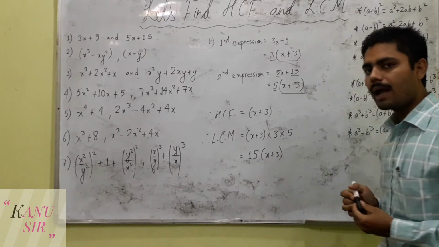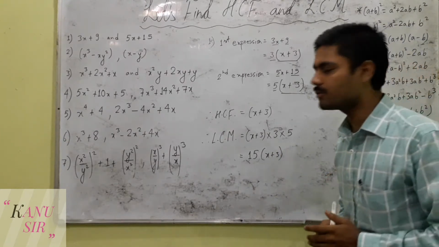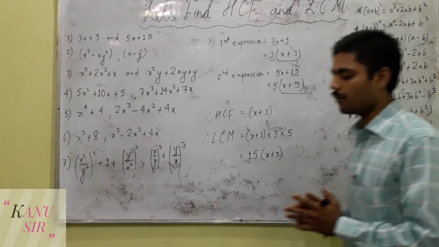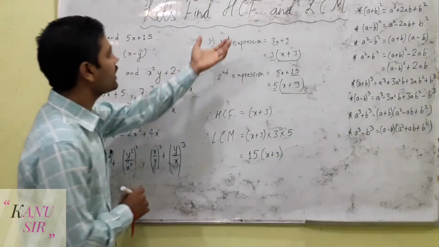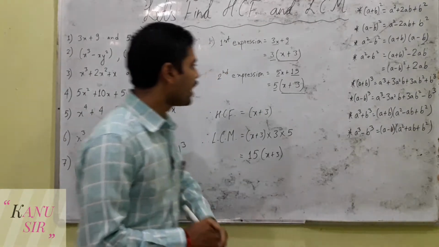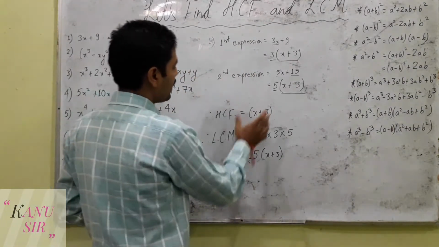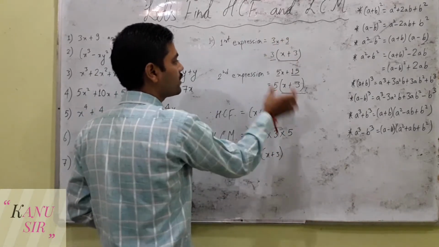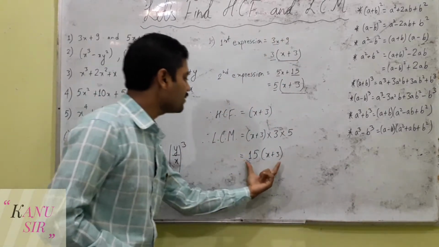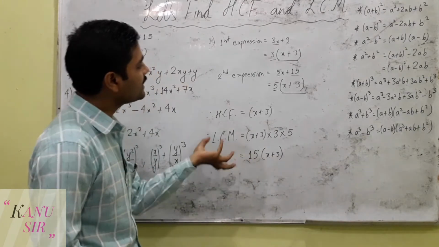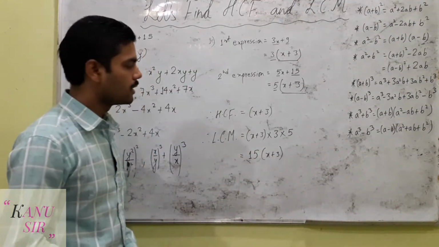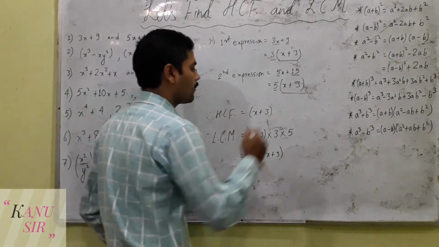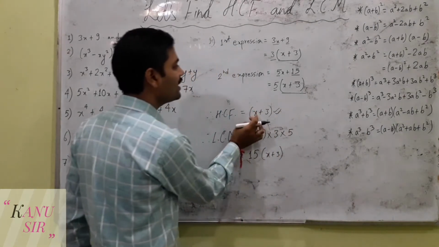One more thing I want to explain. In the previous video, while explaining the understanding of HCF and LCM, I told you that the HCF is a number that can divide the given expressions, and the LCM is a number that can be divided by the given expressions. So HCF is a factor which can easily divide both.